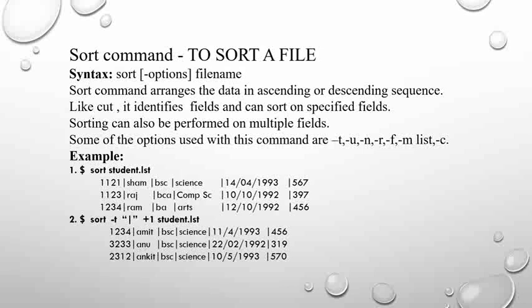Now let us learn the purpose of these options. -t is used to specify the delimiter character, and -u will remove the repeated lines after sorting the file. The next is -n, which is used to sort the file numerically. Then -r just reverses the sorted order of the file.